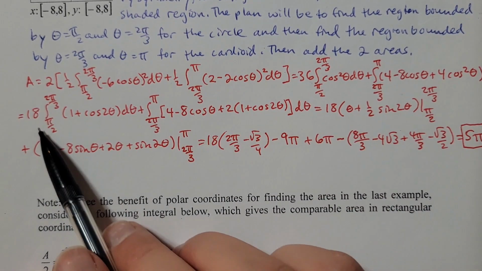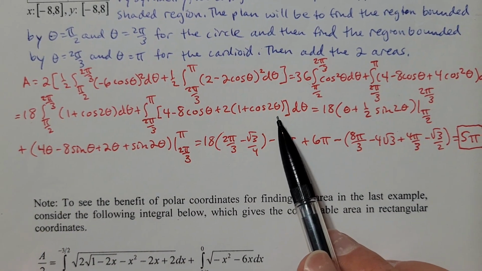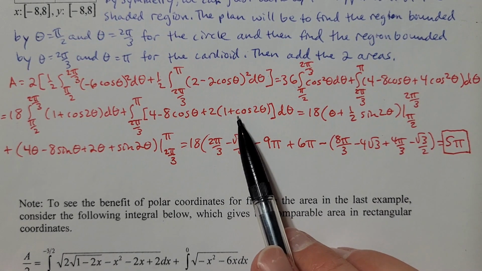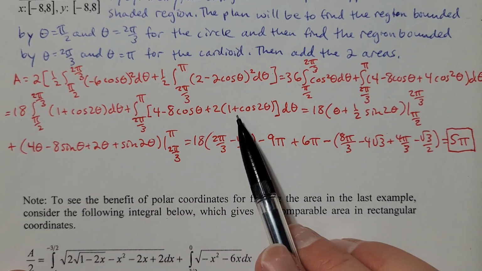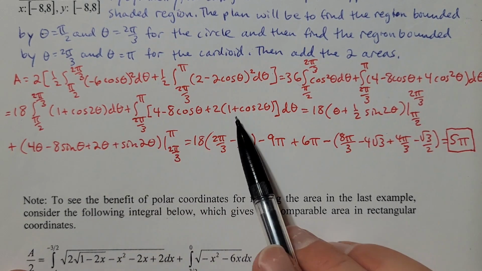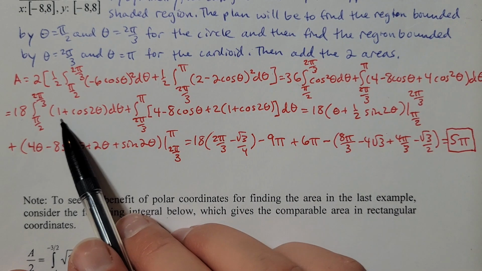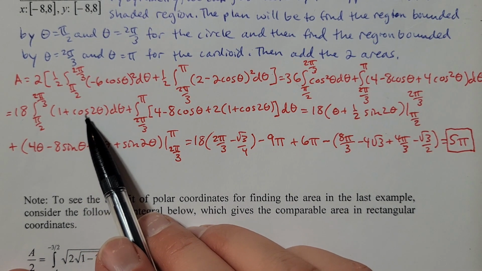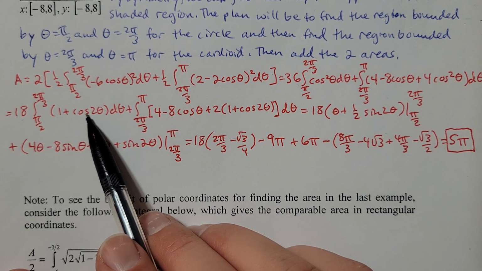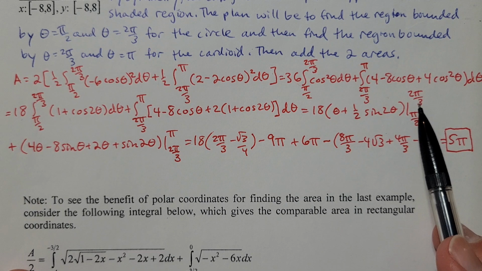Okay, half of 36 is 18. And I'm going to use that again over here. Half of 4 is 2, right? And that will allow me to get the antiderivatives of both these. Okay, so I got 18 times theta plus sine of 2 theta divided by 2, and I'm going from pi over 2 to 2 pi over 3.